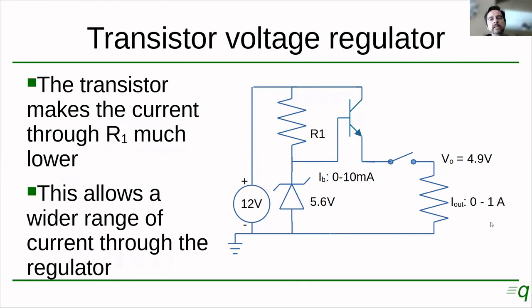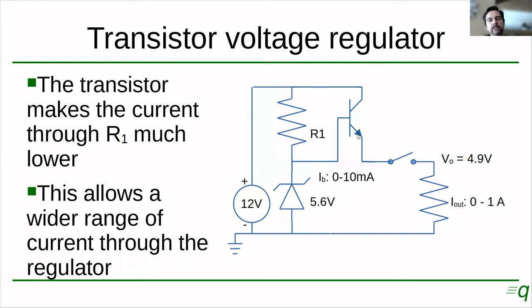So the same idea could be applied for a voltage regulator. If you remember from our classes about Zener diodes, the Zener diode by itself was very poor at delivering current, right? So we were limited, in the example I think, from 0 to 50 or 80 milliamps. And that was it, right?